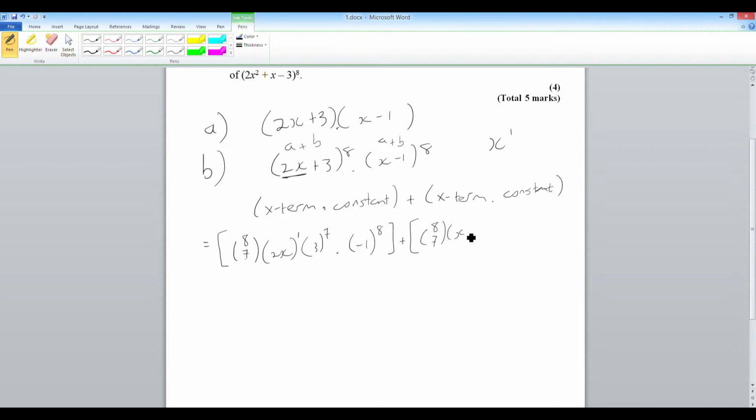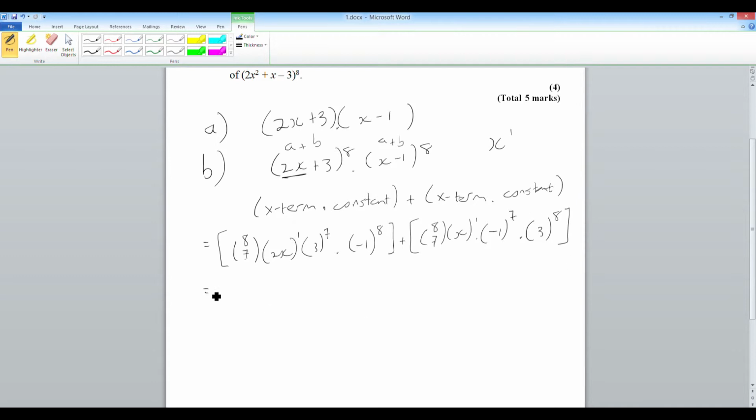So it becomes x to the power of n minus r, which is 1, multiplied with negative 1 to the power of r, which is 7. This is multiplied with the constant term from my first bracket, and the only constant term I will get from my first bracket is 3 to the power of 8.